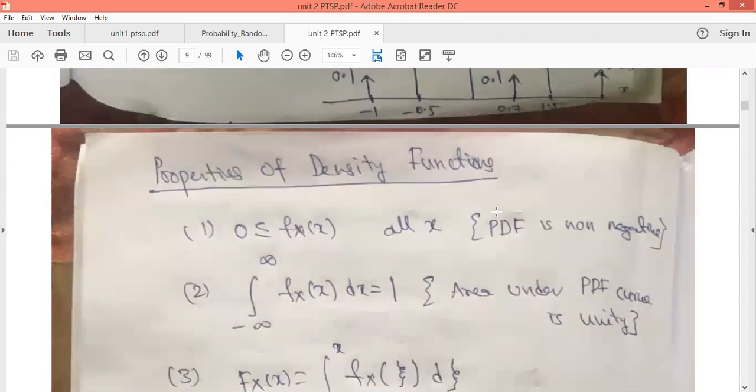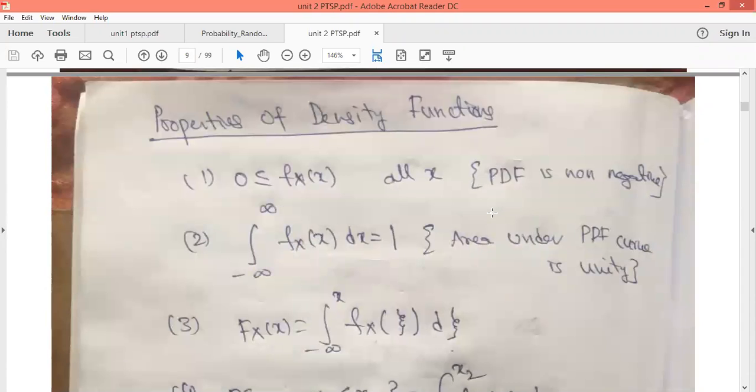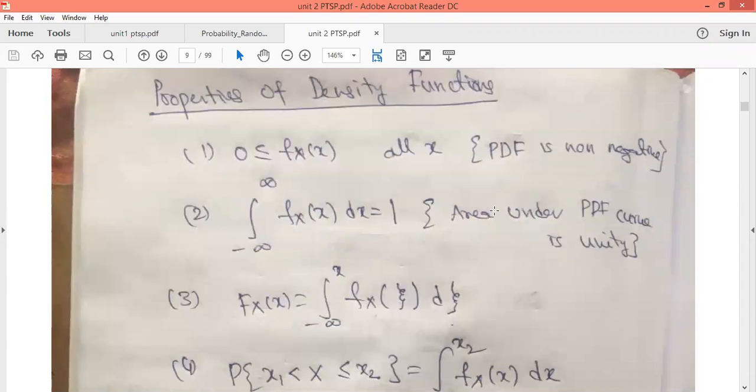Now we'll discuss the properties of the density function. The first property says that the probability density function is a non-negative number. The second property says that the area under the probability density function will always be unity. The third property says that the cumulative distribution function is the integral of the density function.